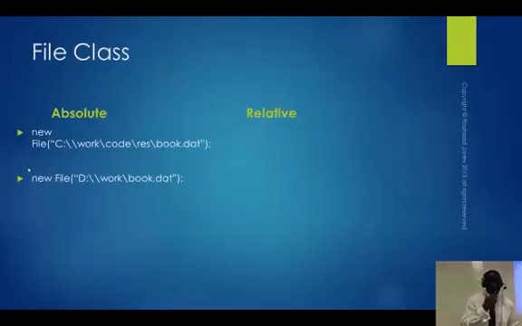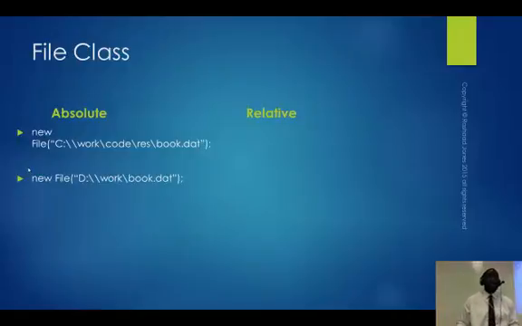So here are examples of absolute file names. Absolute file names mean in Windows we start with the drive, and then we say this is where it is on the drive. Here are 2 examples referencing a book.dat file. Now this is bad because let's say you're working on this program, and on your system the book.dat file would be in one of these 2 locations.